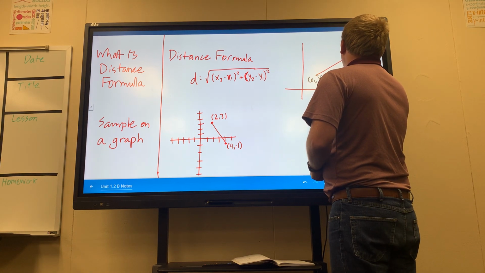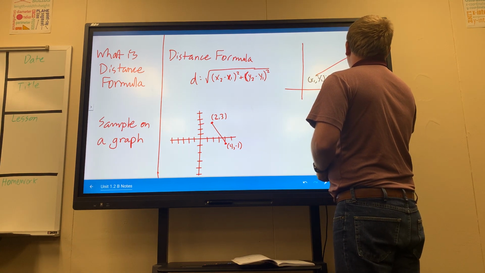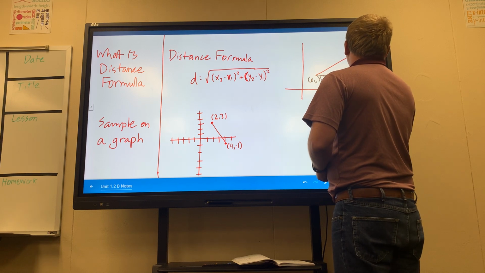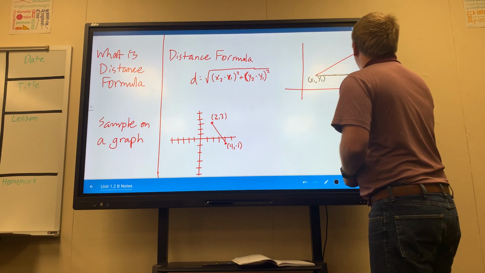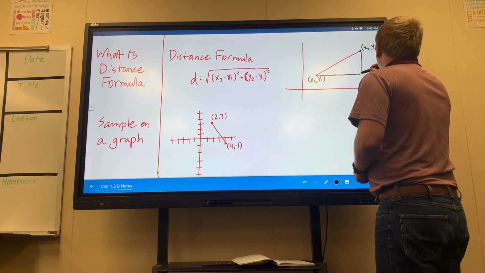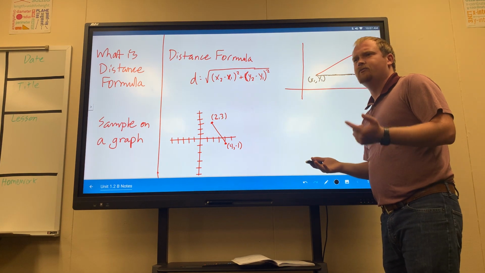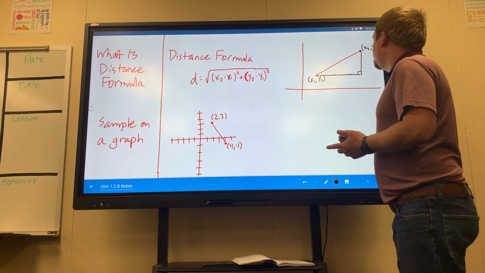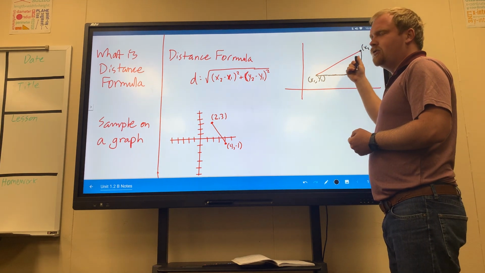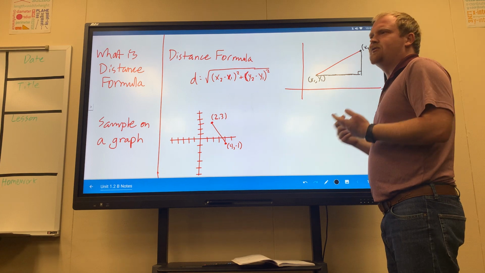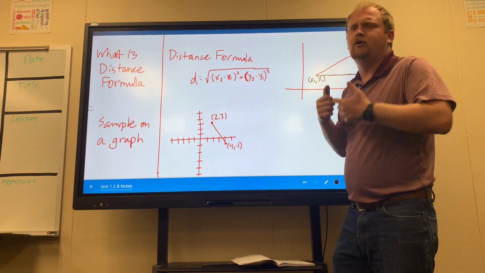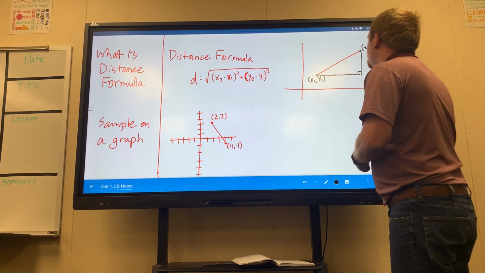Let's say I make a horizontal line right here, and a vertical line right here. Well, I basically just form a right triangle. With a right triangle, I can use the Pythagorean theorem, because that's what it's used for: right triangles.